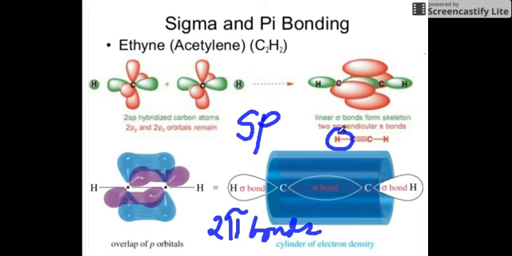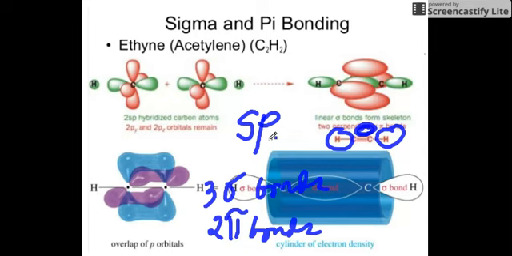And since you have one hydrogen on each side and one C to C bond that hybridizes, that means you have three sigma bonds in this structure. So the three sigma bonds come from each CH and the C to C hybridization, and the other two pi bonds come from the other two bonds that came from the remaining unhybridized p orbitals.